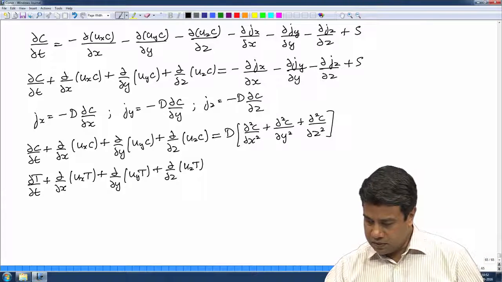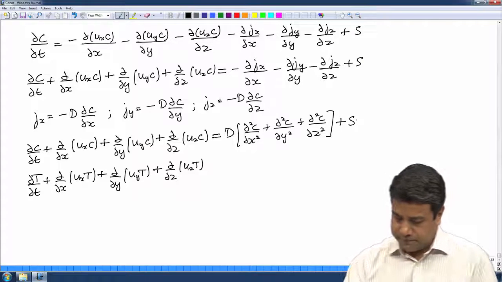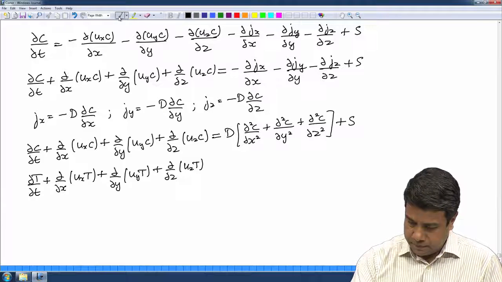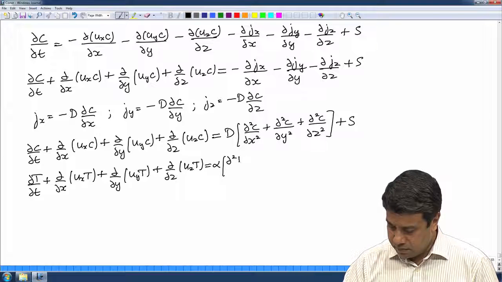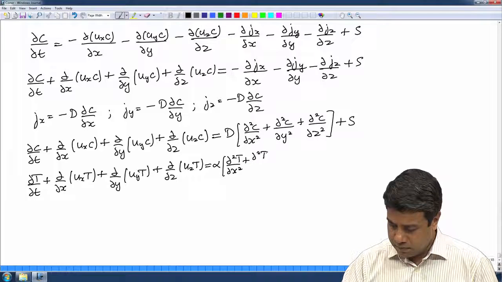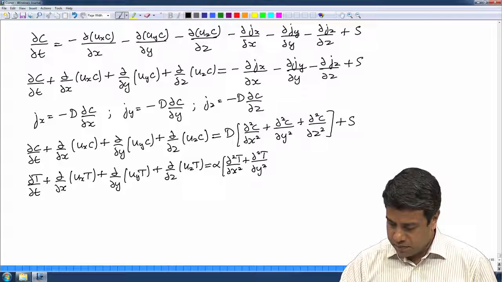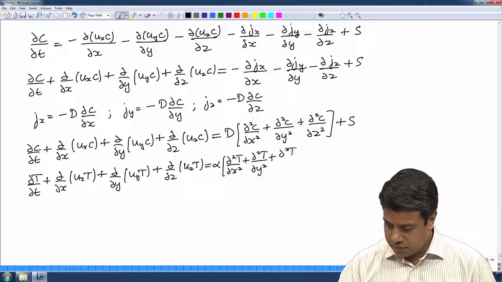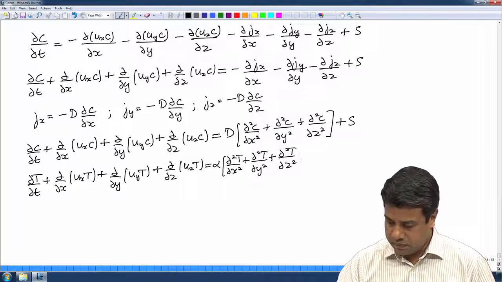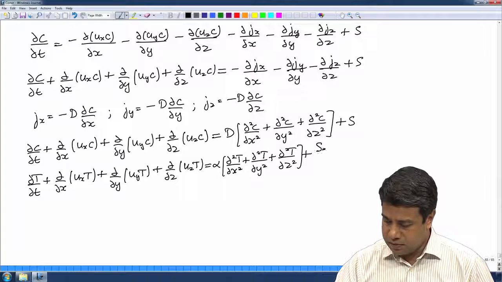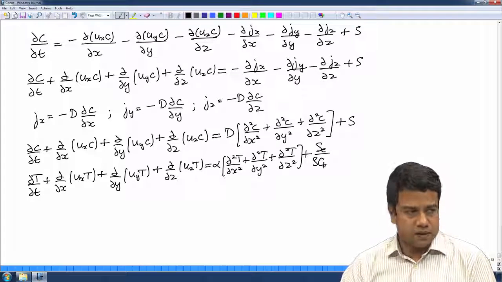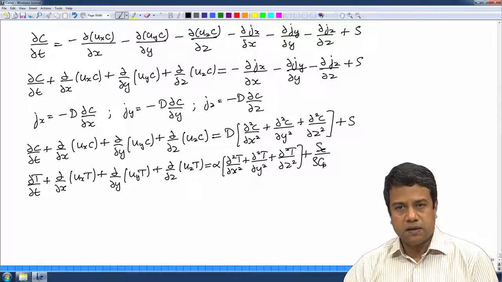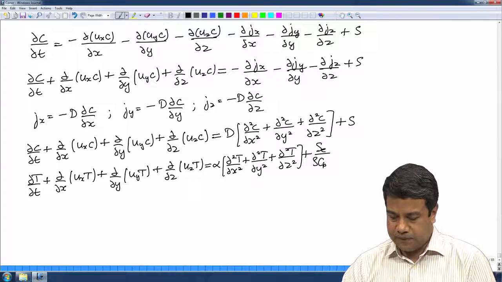I should put a source here, my apologies. Plus the source of energy divided by rho Cp. So that is the thermal energy conservation equation for a Cartesian coordinate system.